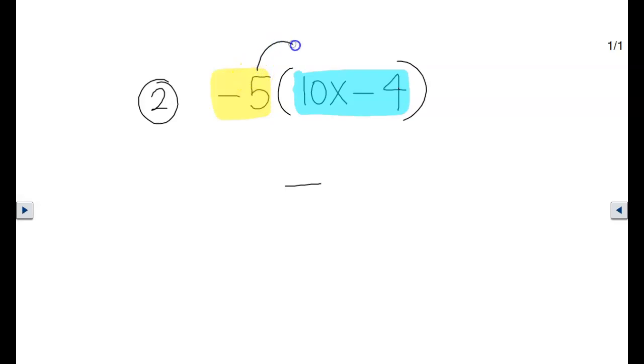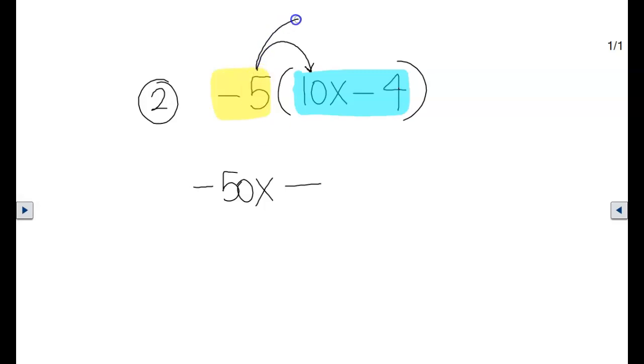So first we will do a negative 5 times 10x. Negative 5 times positive 10 is negative 50. And then we will reattach that x that we see on the 10. So a negative 5 times 10x is a negative 50x.